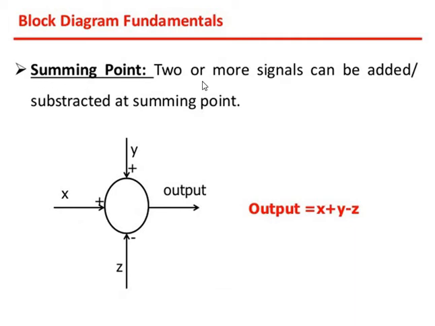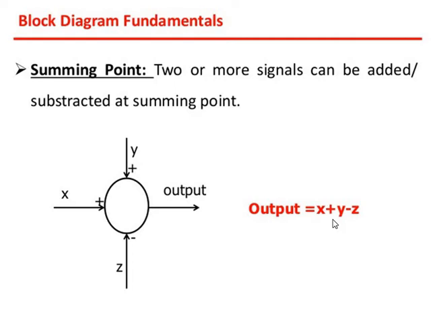Now summing points. Two or more signals can be added or subtracted at a summing point. That means a summing point adds or subtracts the many inputs given to it. So here we consider one summing point with three inputs x, y and z and one output. The output is the summation of all inputs, but it depends on the sign.